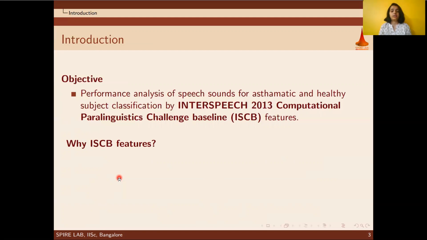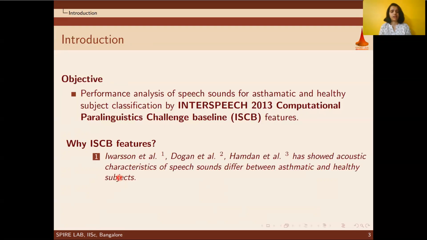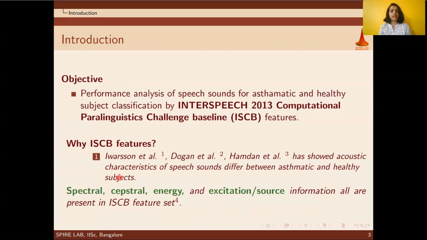Because it has been shown in the literature that acoustic characteristics are different between asthmatic and healthy subject voice. As the ISCB features consist of spectral, cepstral, energy, and glottal source features, our hypothesis was that discrimination between asthmatic and healthy person voice can be captured by these features as well.